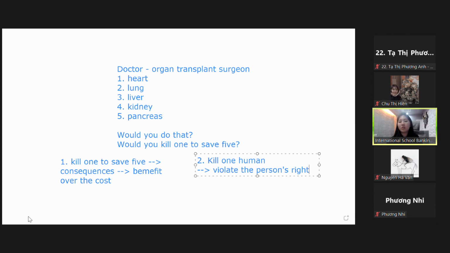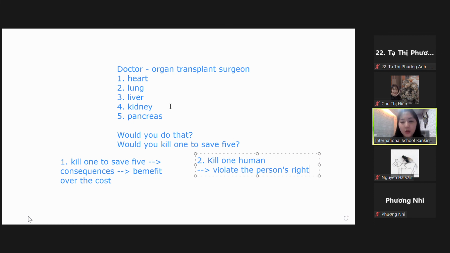We have the right to live, the right to work, the right to pursue happiness. So as humans, we have rights that cannot be violated. We cannot kill people, and therefore people cannot kill us.